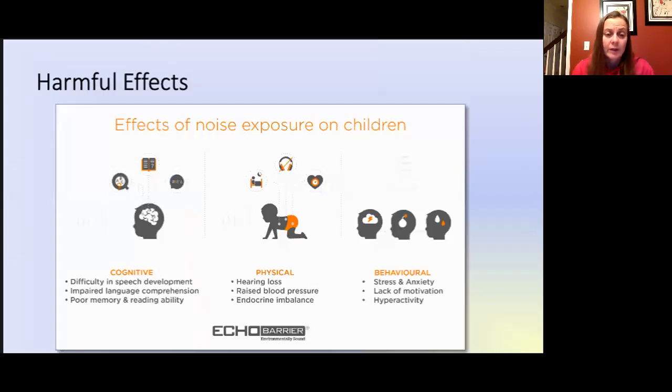So noise exposure definitely has a significant impact on cognitive development in small children. It can actually cause issues with physical development as well as behavioral issues. So noise pollution is particularly significant for children, but it also causes problems in adults as well.